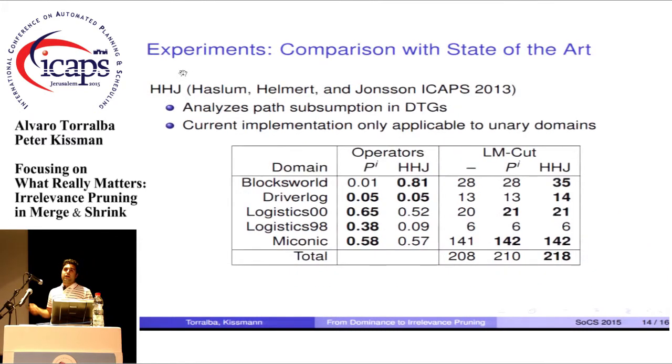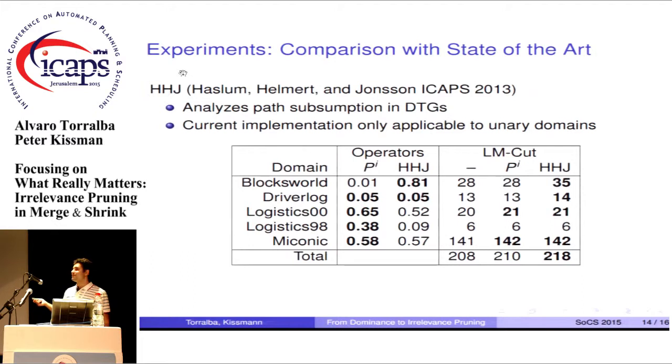Finally, we compared against other irrelevance pruning methods. And the main pruning method that we found is the method by Patrick, Malte, and Anders. And it works on the DTGs of the variables, and contrary to us, it analyzes paths instead of using simulation and only looking at one transition.